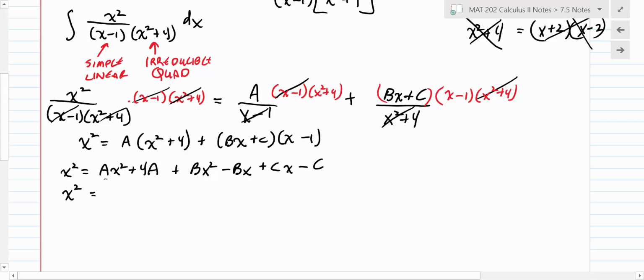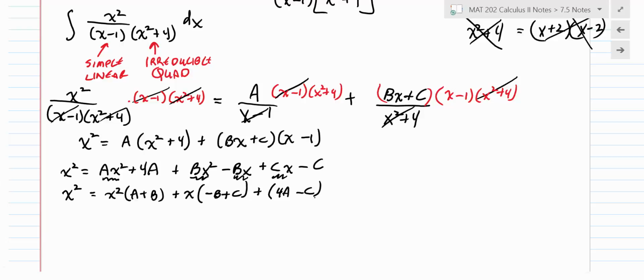I'm going to put together the squared terms and write that as x squared times a plus b. Then I'm going to put together the x terms. It doesn't matter what order you put those in either. I'm going to factor out an x, and I'll just write that as negative b plus c. And last, that will leave us with 4a minus c like that. All right, everybody good with that?